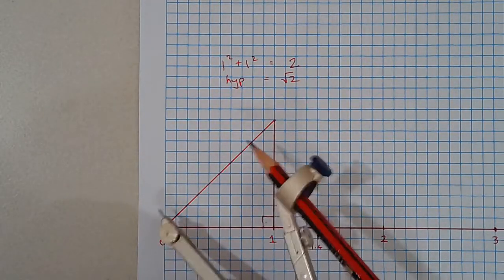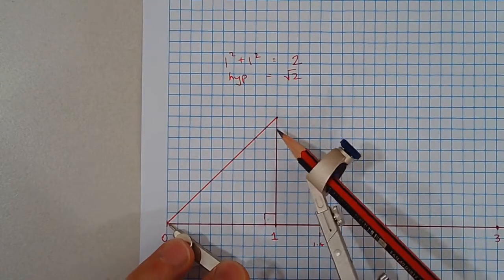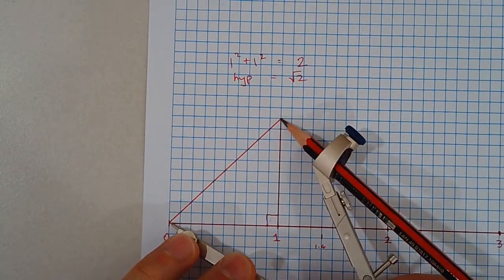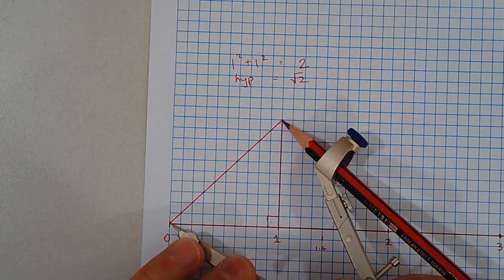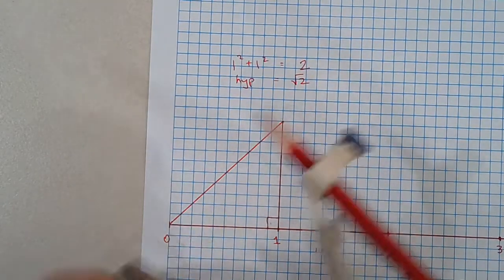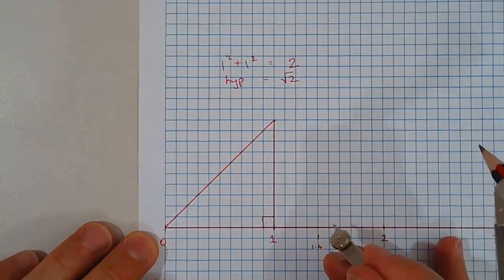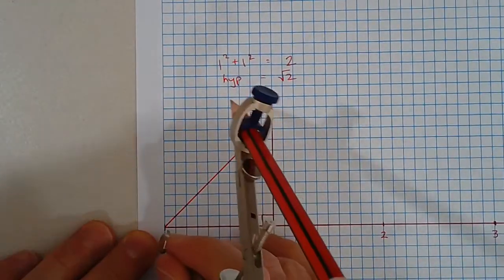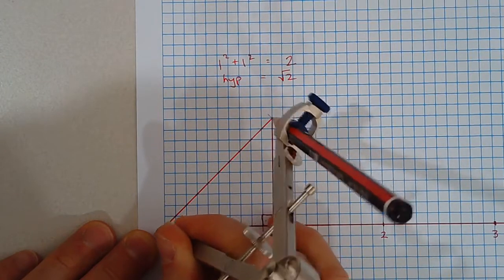I'm going to get the compasses and open them up to the length of the hypotenuse. This really demands a little bit of finesse. Hopefully that's about right there. Let me just see if this is going to work. Let me just position the paper again.